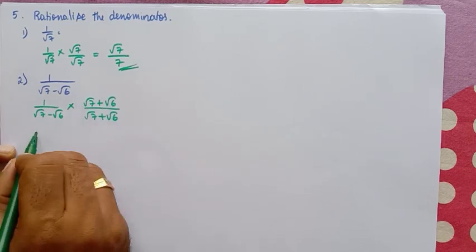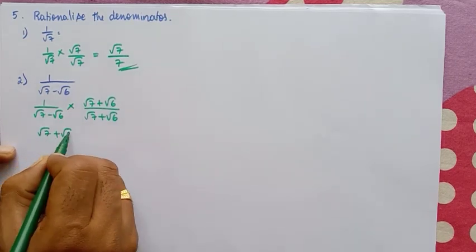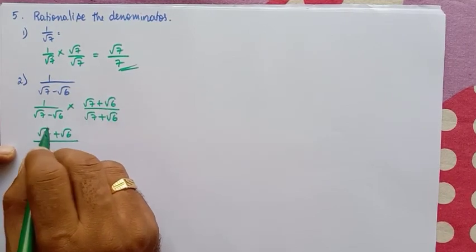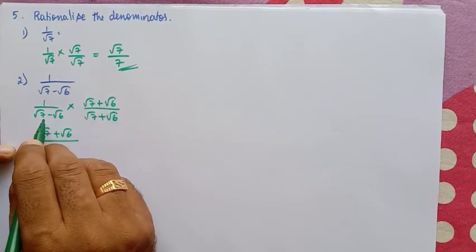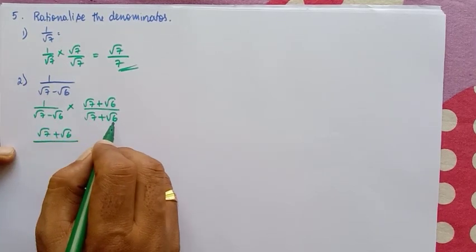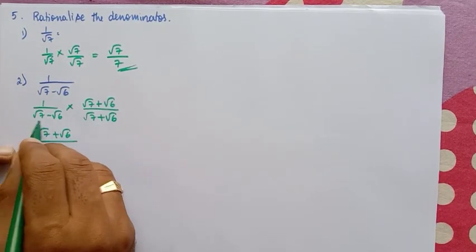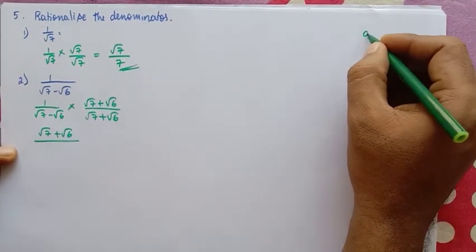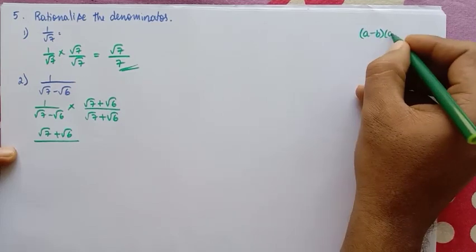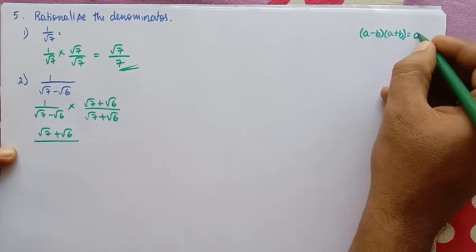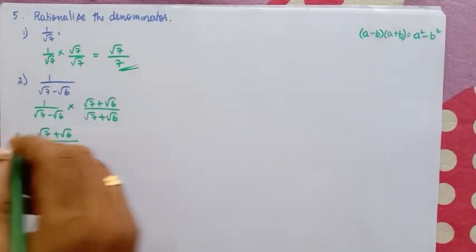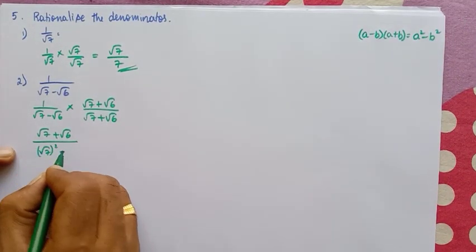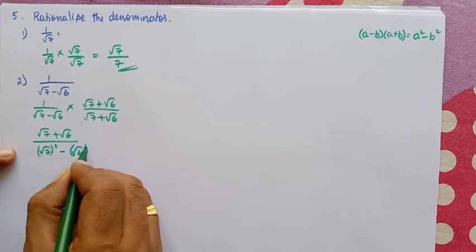So 1 into root 7 plus root 6 is this much, and here we have a minus b into a plus b, which is of the form a square minus b square. Likewise, root 7 whole square minus root 6 whole square.